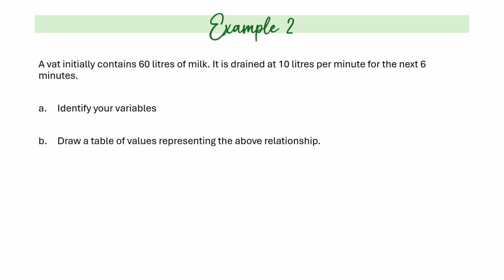Now, feel free to pause the video here and have a go by yourself, but we're going to follow the exact same steps, right? We're going to start by reading the information that we're given super carefully. We can see that we initially have 60 litres of milk in this vat, and it's drained, right? So it's emptied at 10 litres per minute for the next 6 minutes, right?